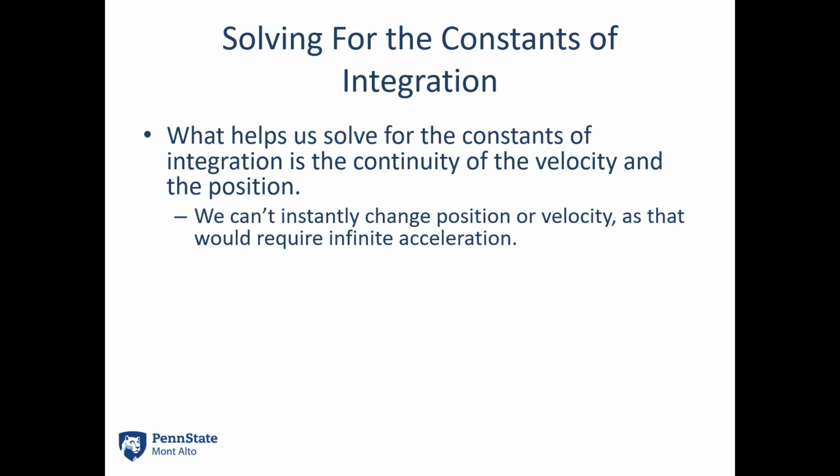For velocity and for position, we can't instantly change position, we can't instantly change velocity at any one point. So the velocity function is going to be continuous, and so is the position function. This is because an instantaneous change in velocity or position would require infinite acceleration and infinite force.